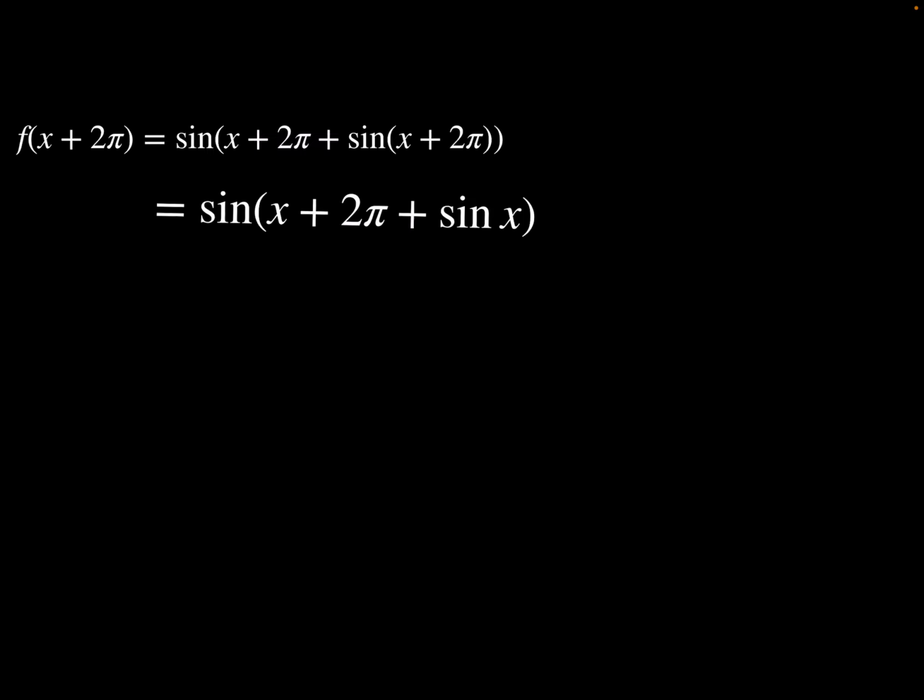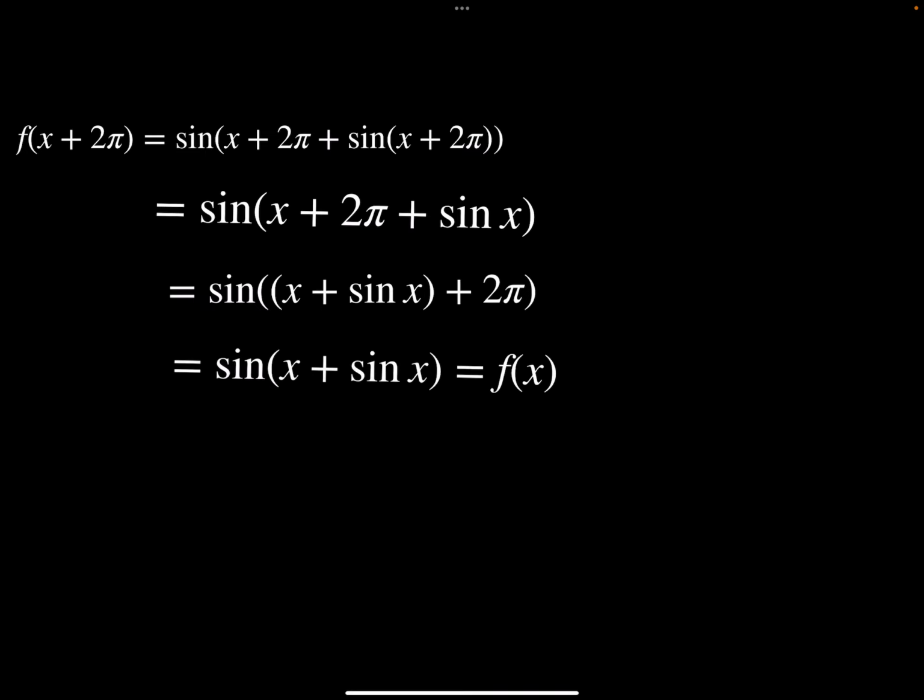Let's rewrite this a little bit differently: sine of x plus sine of x, plus 2 pi. Now let's look at whatever is inside the parentheses as t. And we know that sine of t plus 2 pi is equal to sine of t. So this is equal to sine of x plus sine of x, which is exactly f of x. So f is 2 pi periodic.